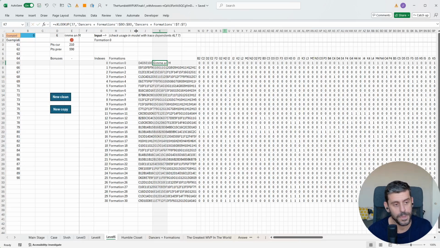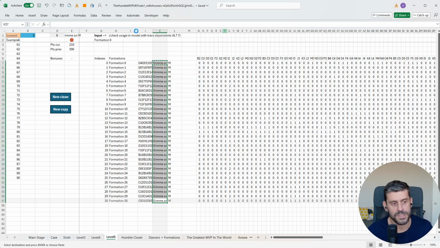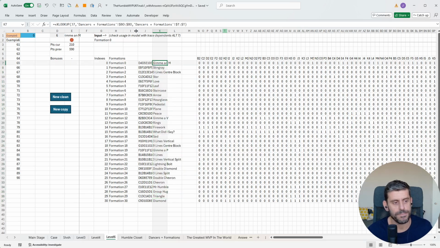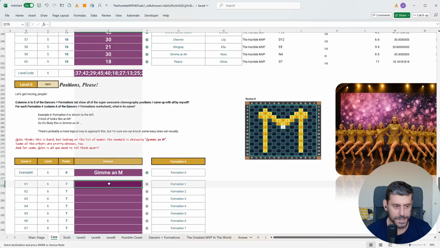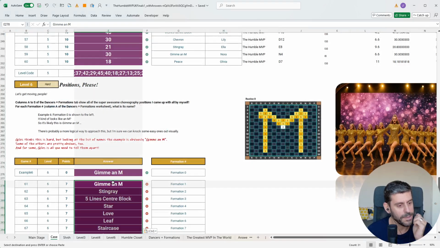Yeah, I was probably 30 seconds away from this solution, literally. I just missed the sort bit, which was not instant in my thinking process. And yeah, I think it's okay.